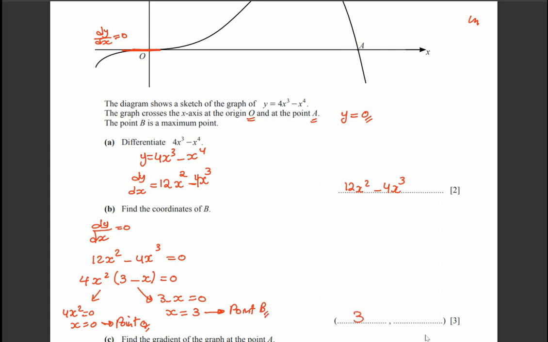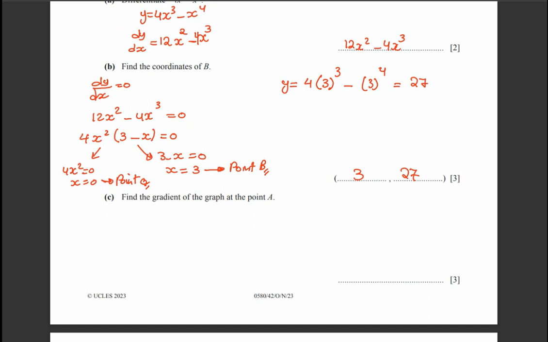But we still have to find the y. So all we have to do is substitute, instead of x, put 3 like this. It will be 27.